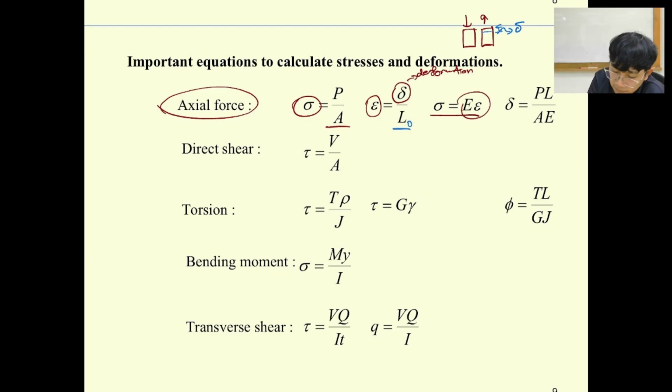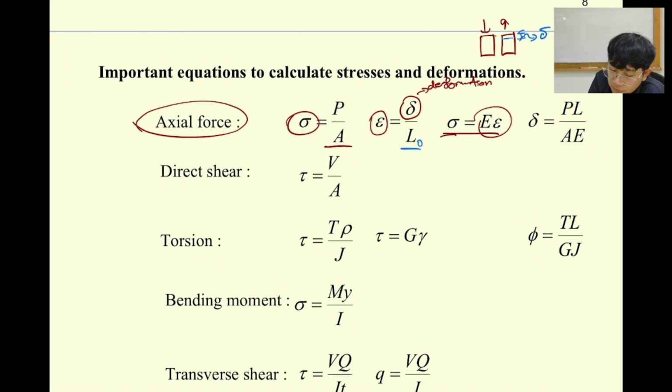Okay, and if I know that stress equals E strain in the linear zone, I can substitute the stress equal to P over A, and then I remain E, and the strain I know is the deformation over L0. If I would like to find the deformation in the linear zone, I can find it directly by moving L to the top and E to the bottom. I'm going to get this equation. Okay.